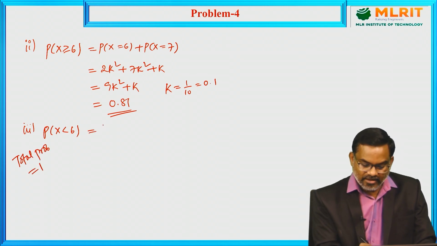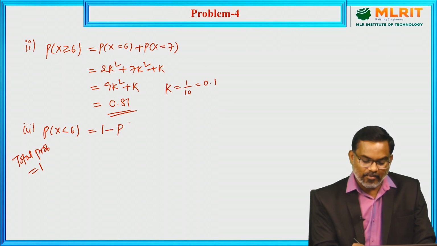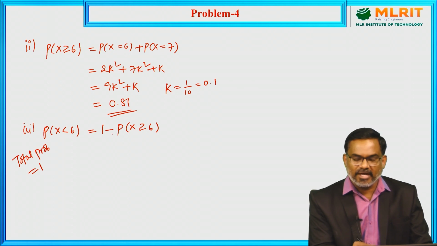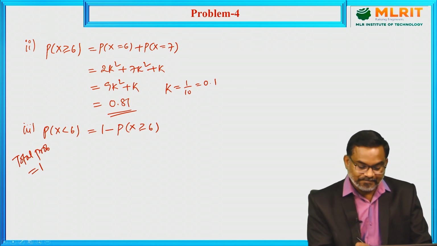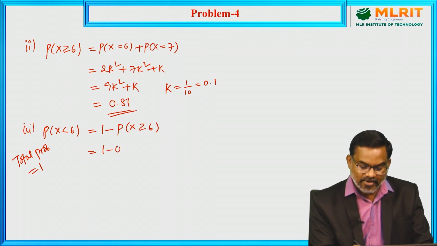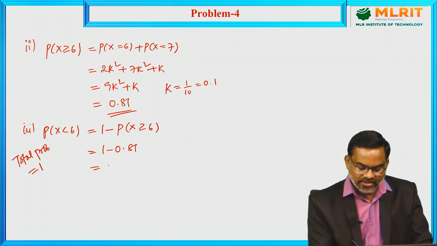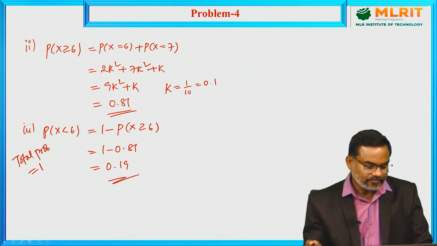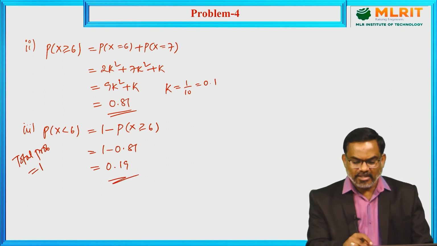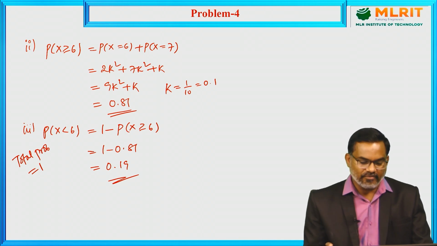So we can write probability of x less than 6 as 1 minus probability of x greater than or equal to 6. Just now we have calculated that, so 1 minus 0.81, which results as 0.19. The probability lies between 0 and 1, and our answer must be between 0 and 1.